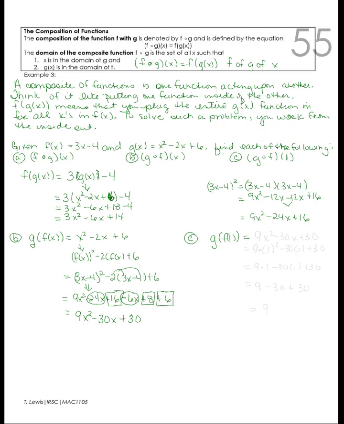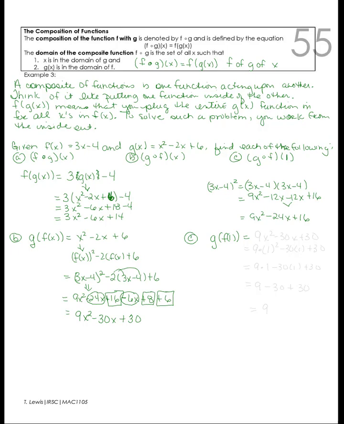You can do this by working inward and out: f of 1 means you substitute 1 in for x into the function f equation, get a solution, and then from that solution, plug into the g of x equation. There's really no need to do that.